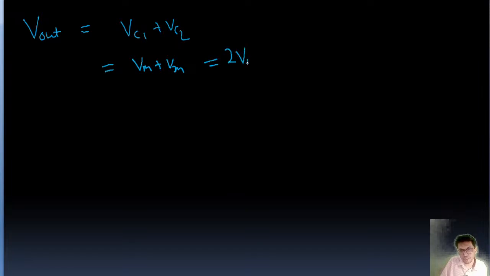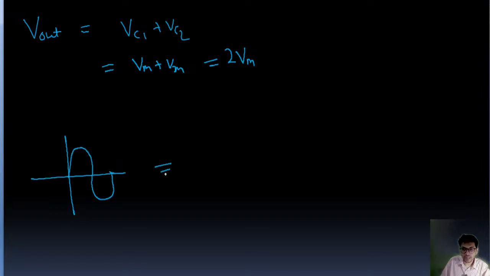This is 2Vm. This is the V0, right? This is 2Vm. So we have an input voltage like this, right? It has double the output voltage, doubler, okay? Voltage multiplier.